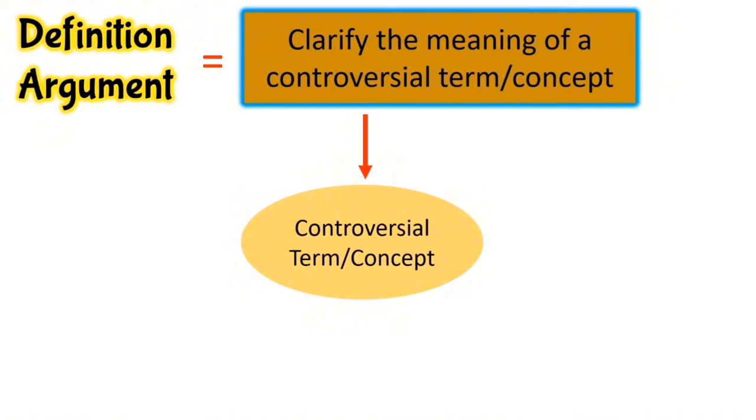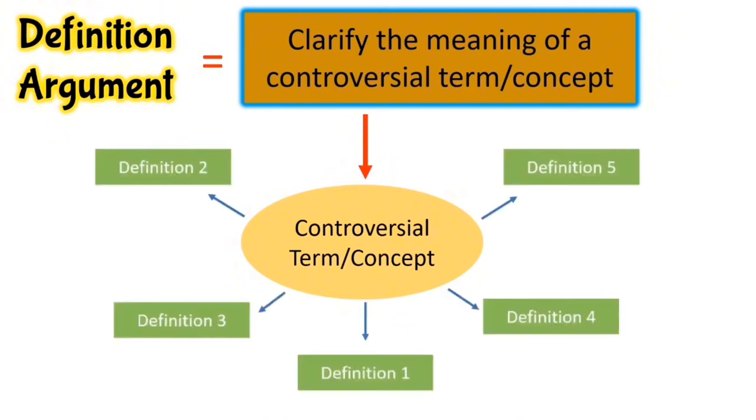Nagiging controversial ang isang term or concept kapag nagiging iba-iba ang pagkakaunawa ng tao tungkol sa term or concept na ito. And the worst is, because its definition varies from person to person, a sort of conflict arises. For example, when we try to define white lies, the question is, kailan nagiging mabuti o masama ang pagsisinungaling?